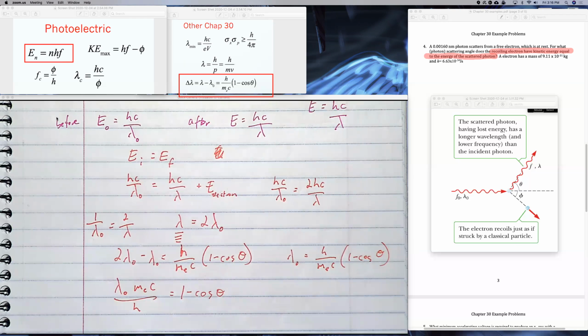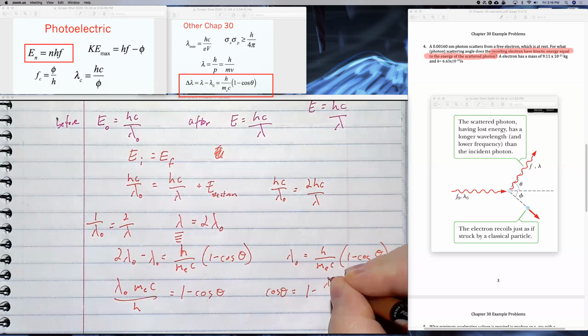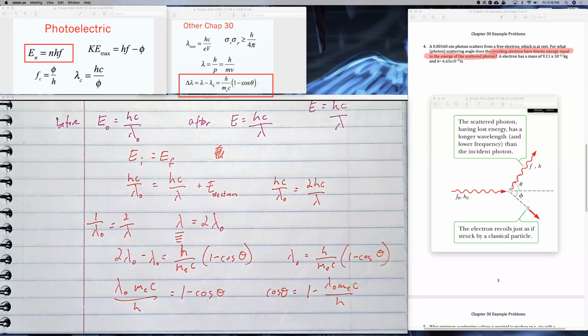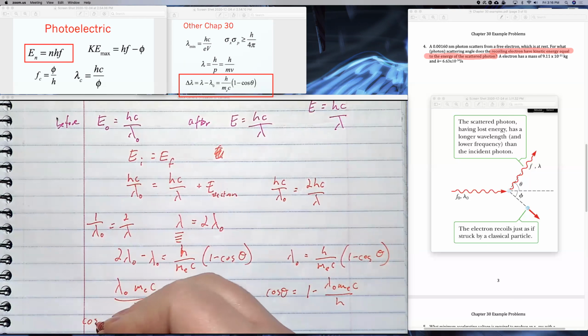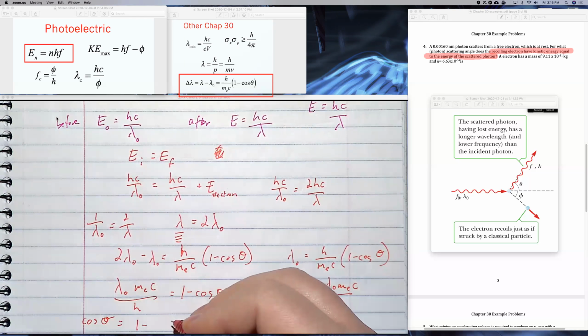I can then add this to both sides and subtract that from both sides and say the cosine of theta equals 1 minus lambda naught MEC over h.